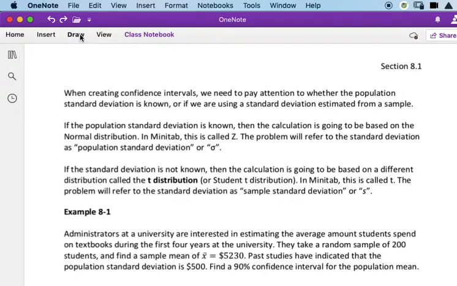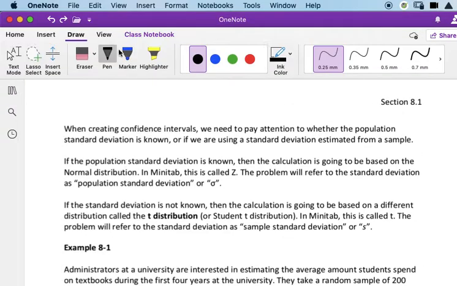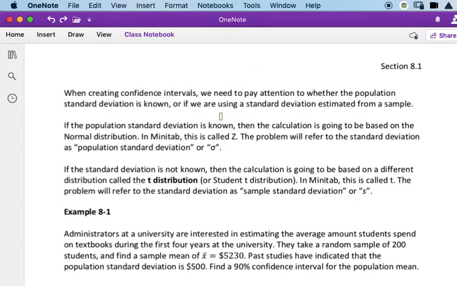In Minitab, this is called Z. And so what you're looking for in the problem is if you see the words population standard deviation or the sigma symbol, then that tells you that you're going to use Z in Minitab because you have a known standard deviation or a population standard deviation.